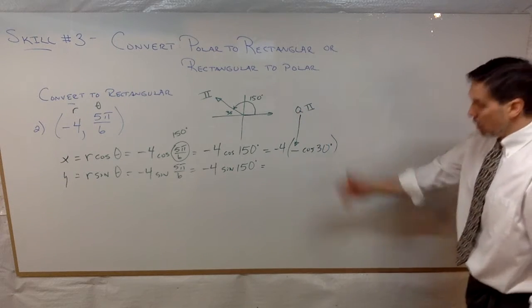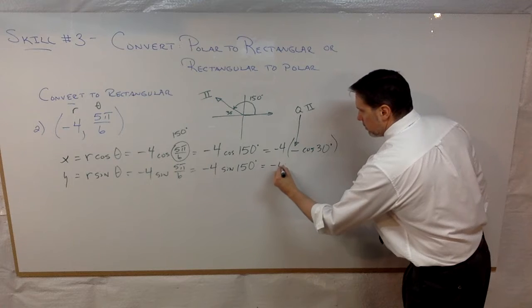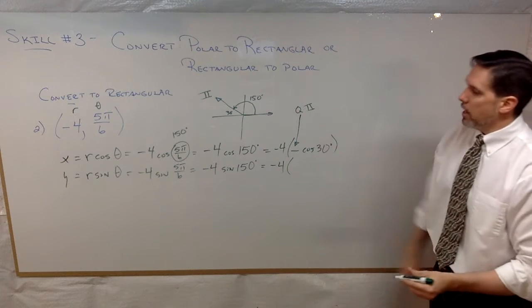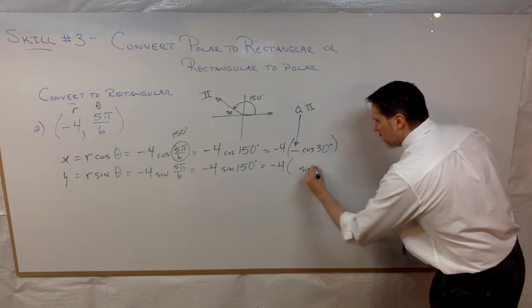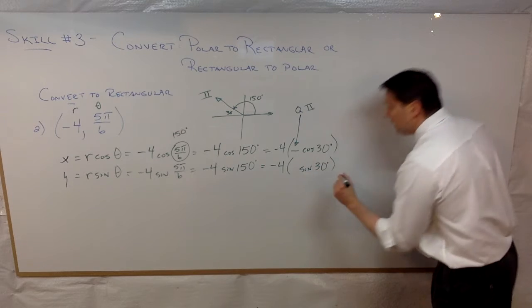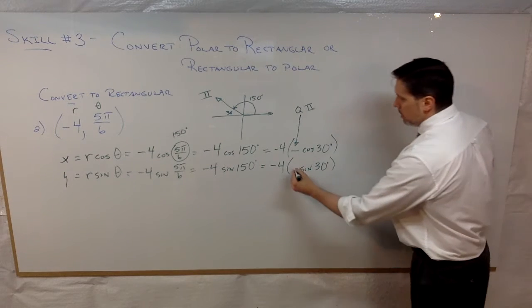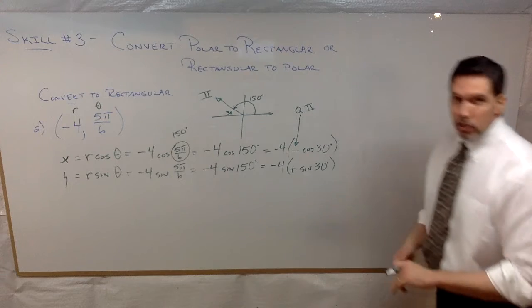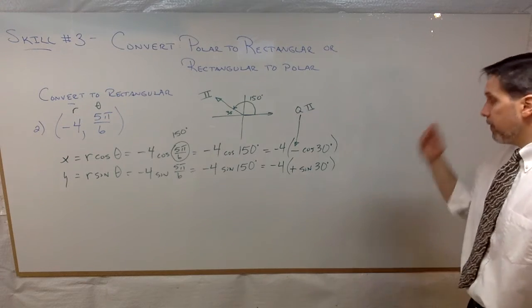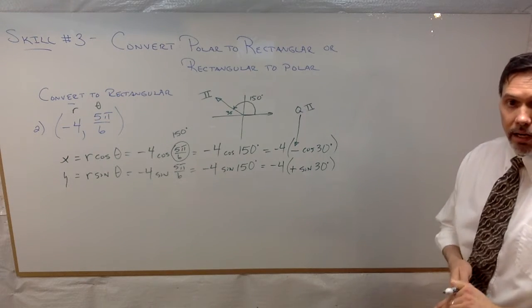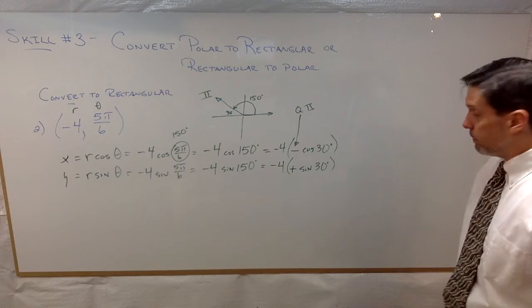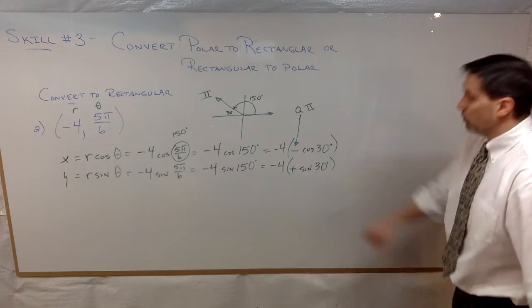You're in quadrant 2, cosine is negative. And then we could do the same thing for sine. What is the sine of 150? Well, it's no different than the sine of its reference angle, 30, except you're in quadrant 2. But in quadrant 2, sine is positive, so the sine of 150 is exactly the same thing as the sine of 30, because sine is positive in quadrant 2, as it is in quadrant 1.